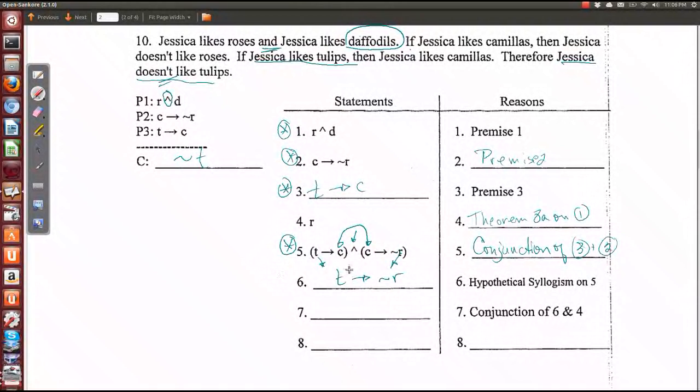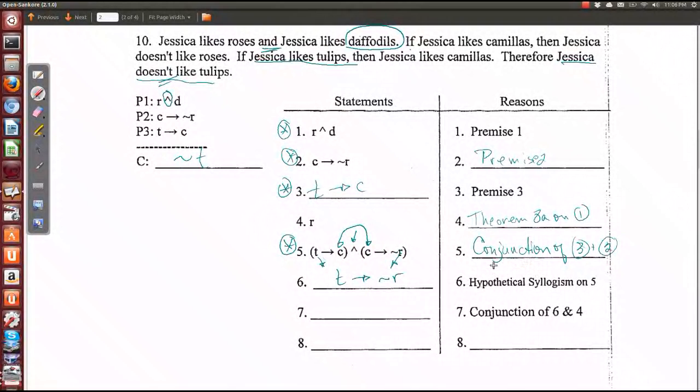Now, when I'm going through this, my fourth step is to repeat until we reach our conclusion. And we clearly don't have negation T by itself yet. So we need to keep going until we reach negation T as its conclusion. And we continue by combining two statements using a conjunction.